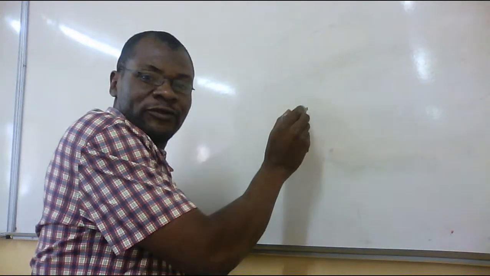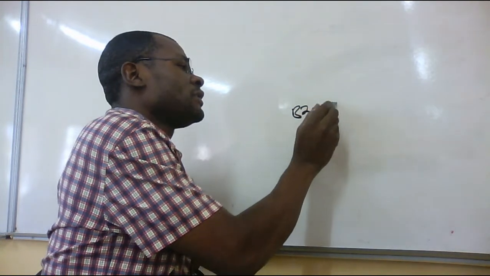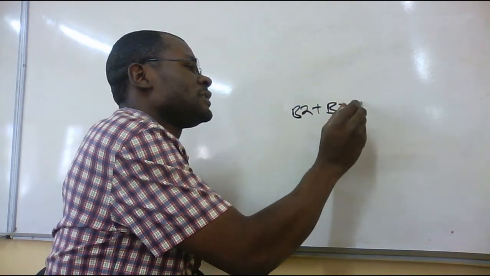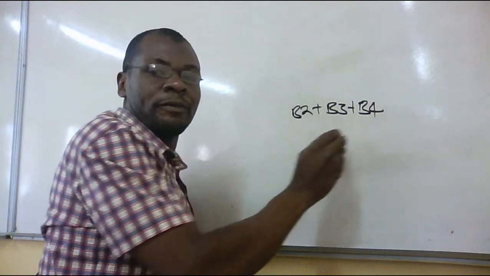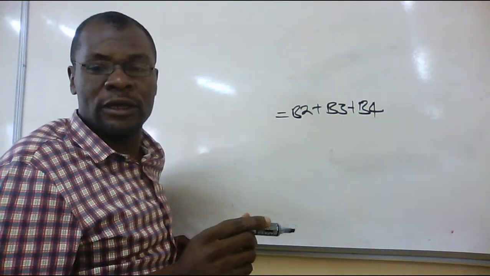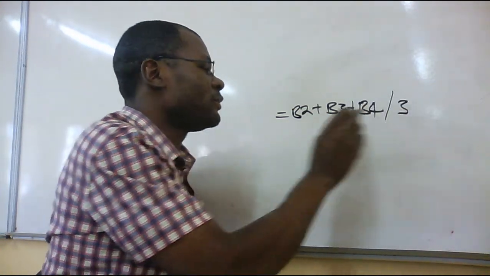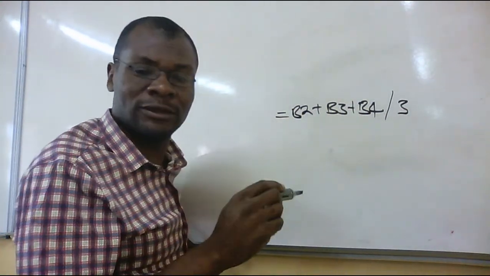Let me start from here. That is it. B2 plus B3 plus B4. Obviously, in Excel, formulas begin with the equal to. And these, we're supposed to divide it by 3 because there are 3 entities.